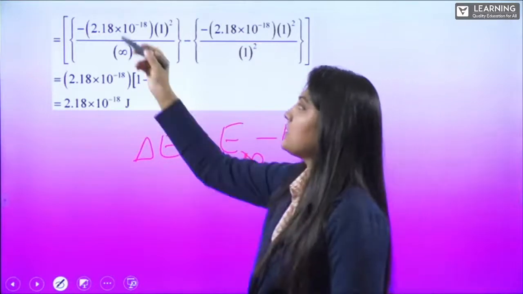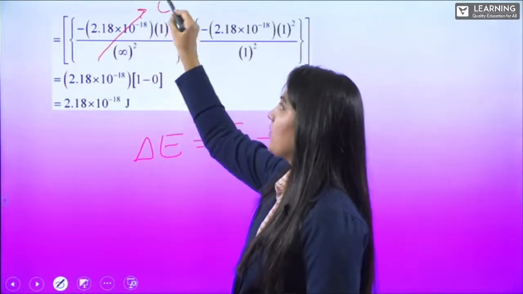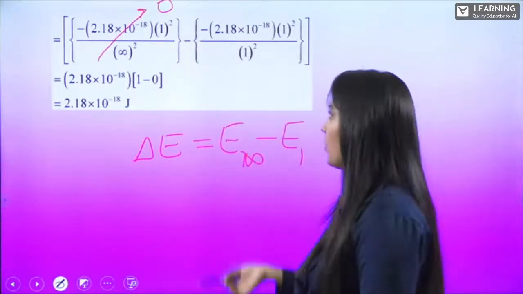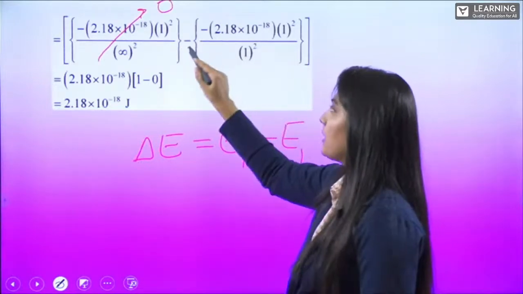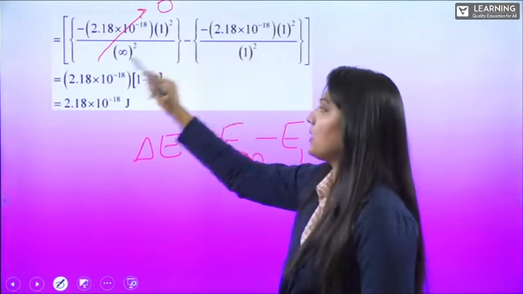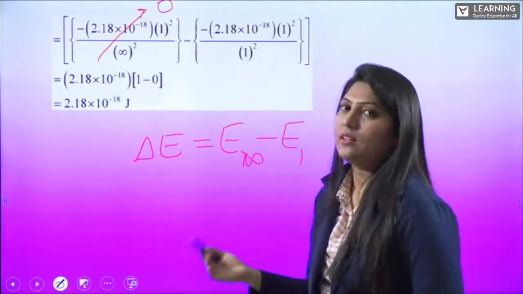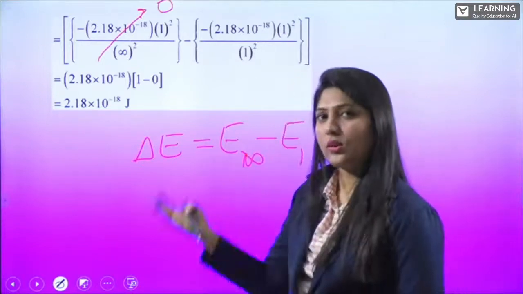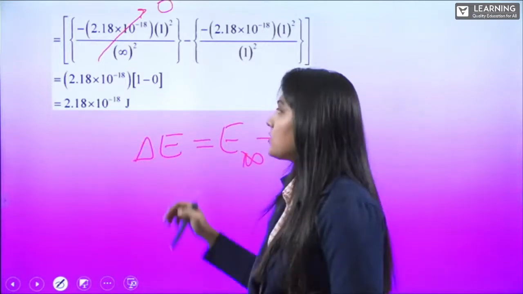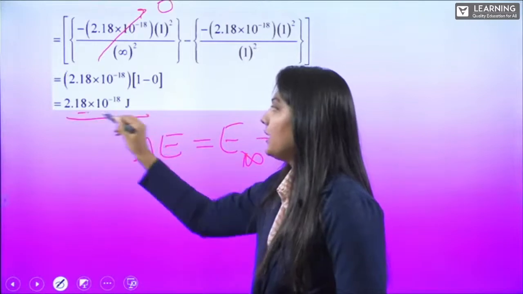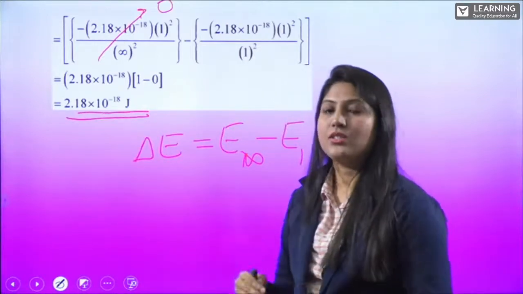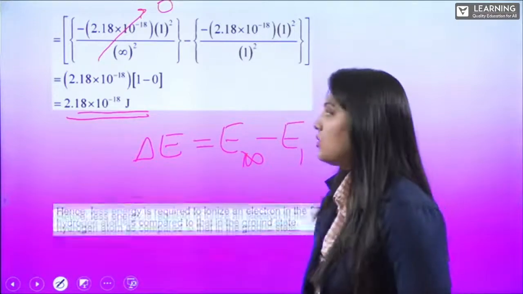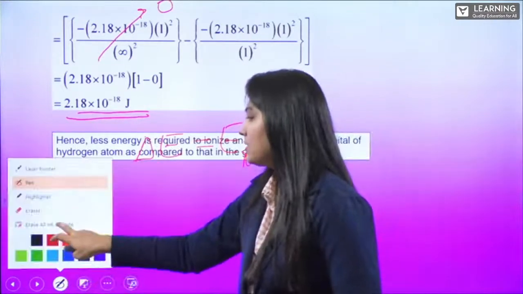Here 1 by infinity is equal to 0, and minus into minus is plus 2.18 into 10 raised to minus 18. Here also 1 square, and 1 square into 1 square is equal to 1. So for the first orbit to infinity we get 2.18 into 10 raised to minus 18 joules.